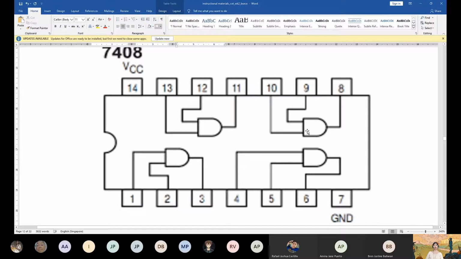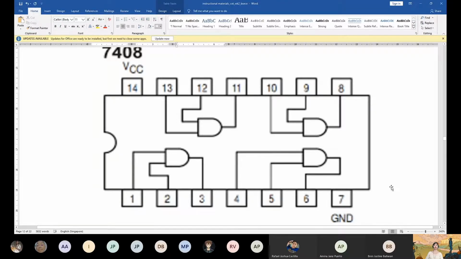For AND gate number 3, inputs are at 9 and 10, and the output is taken at pin 8. Lastly, pins 12 and 13 are the inputs, and pin 11 is the output. Of course, you have to supply the IC for it to function, so you supply pin 14 to the positive supply and pin 7 to ground.